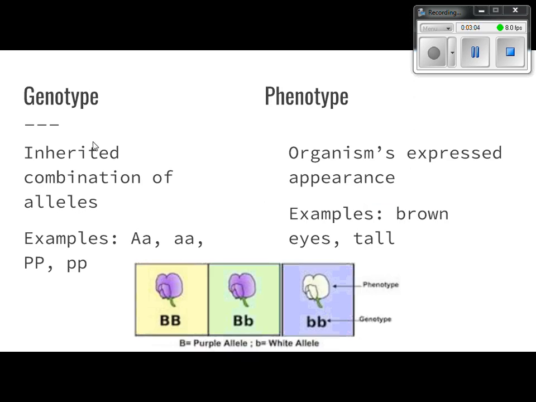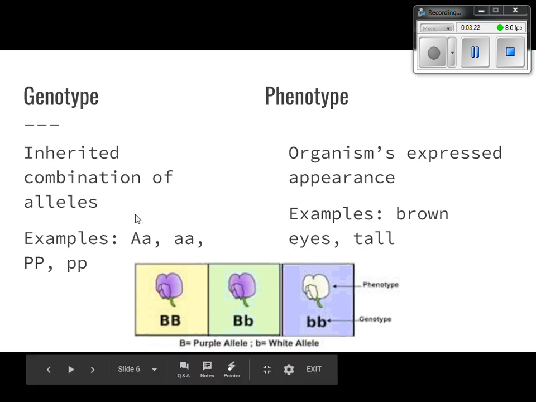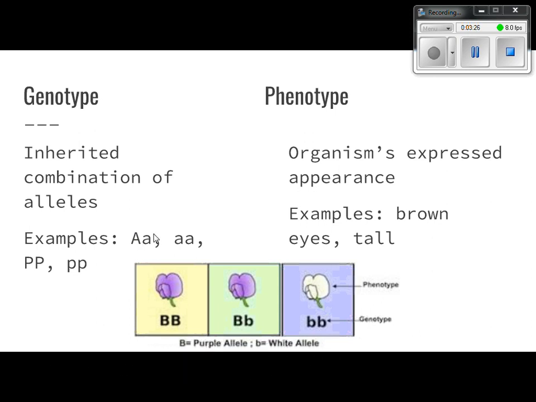Genotype and phenotype are very similar sounding words, words that students get confused. The genotype is the inherited combination of alleles. So this refers to what genes you have. You might have a gene that says tall and one that says short, or you might have two that say short.